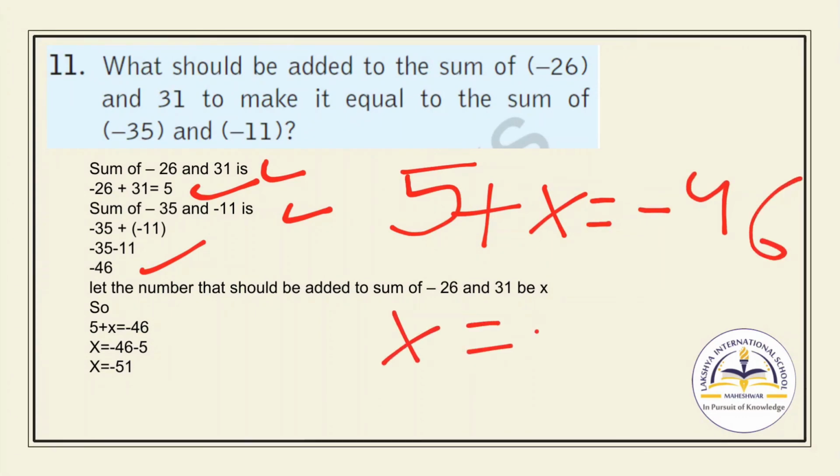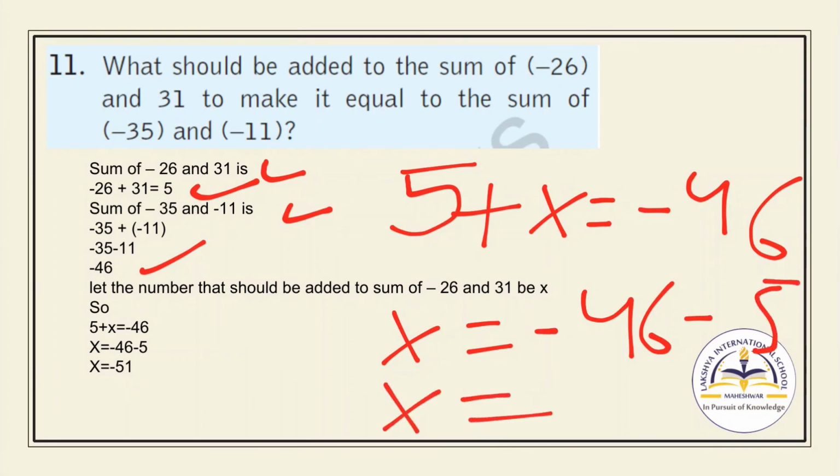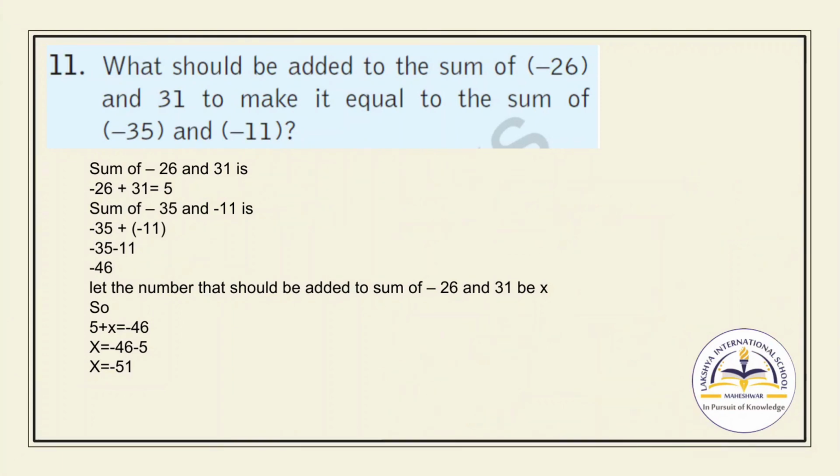X equals minus 46 minus 5. Now minus and minus mean you have to add them and put the greater value sign. So 46 plus 5, you will get 51 with a minus sign.